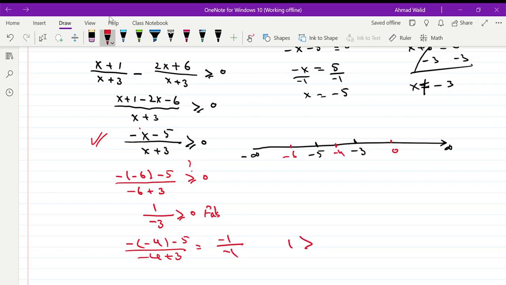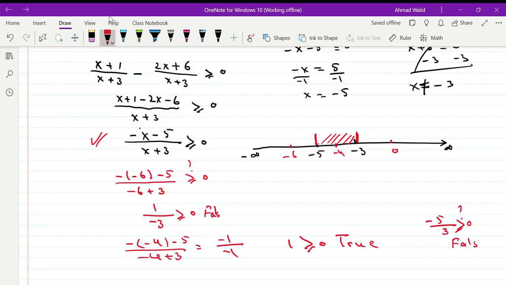Is 1 greater equal 0? Yes. True. Then one of the solution is here in this region. Plug in 0. It gives you negative 5 over 3. Is negative 5 over 3 greater than 0? Of course not. False.